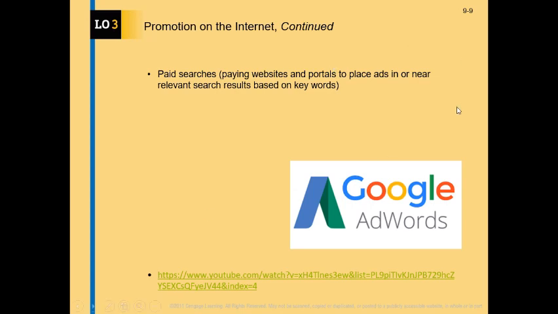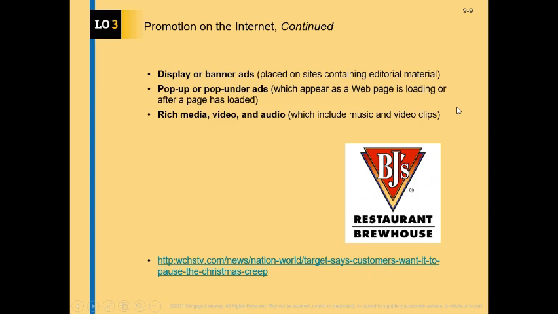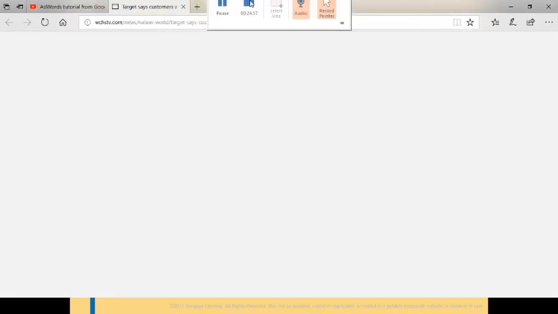That's one of the types of internet promotion. Another is of course display or banner ads. For example, if we click to this news website, you have seen this also.